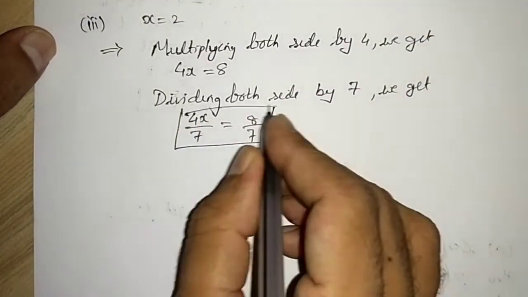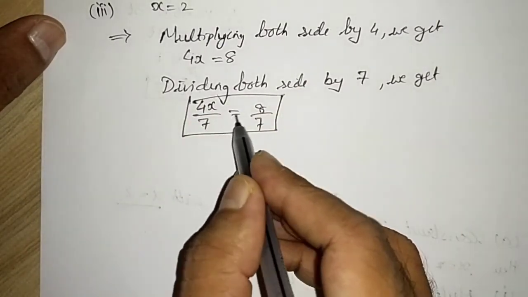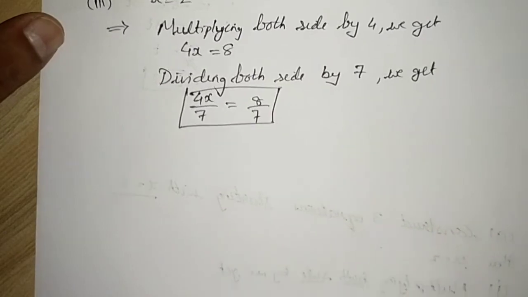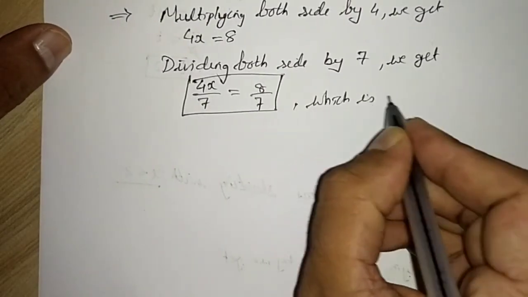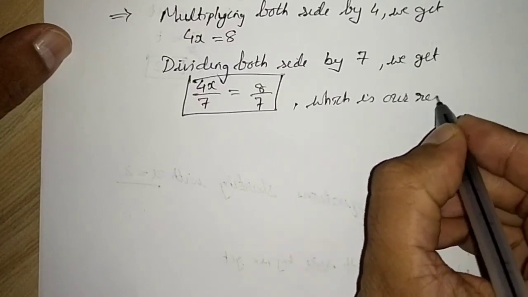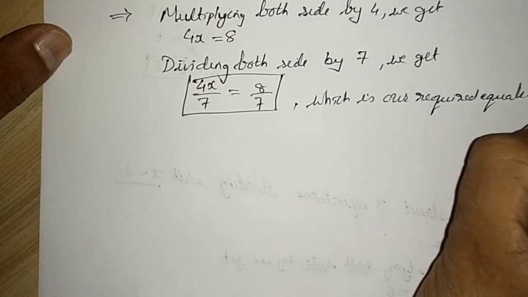This is our required equation. You can go further also. Further you can do adding 2, subtracting 2, you can do.